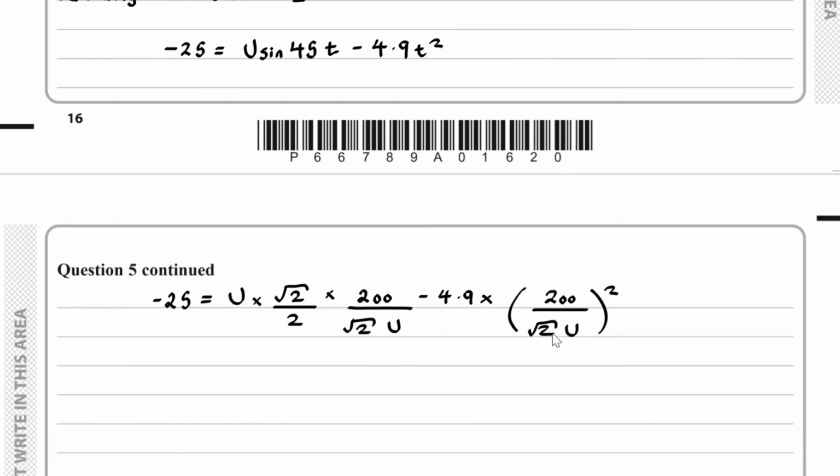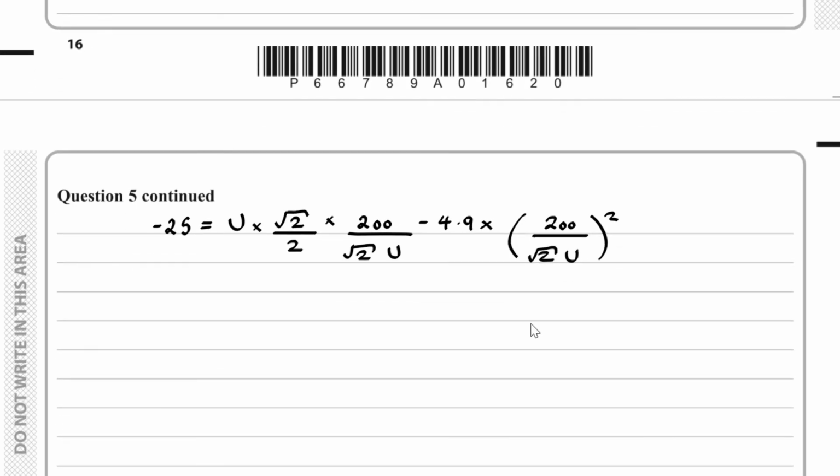So if we tidy all of this up, we would have minus 25 equals 100, and here we get 98,000 over u squared.